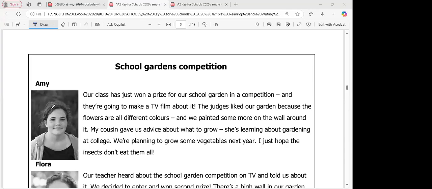Okay. Now, when you're reading this particular paragraph, our class has just won a prize for our school garden in a competition. Okay, give me a minute.